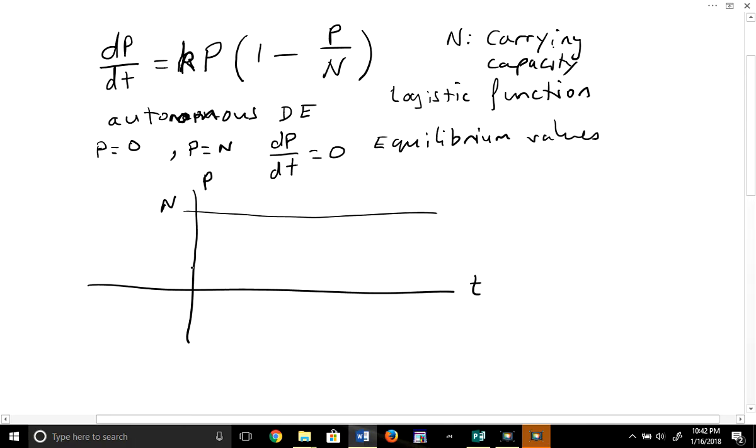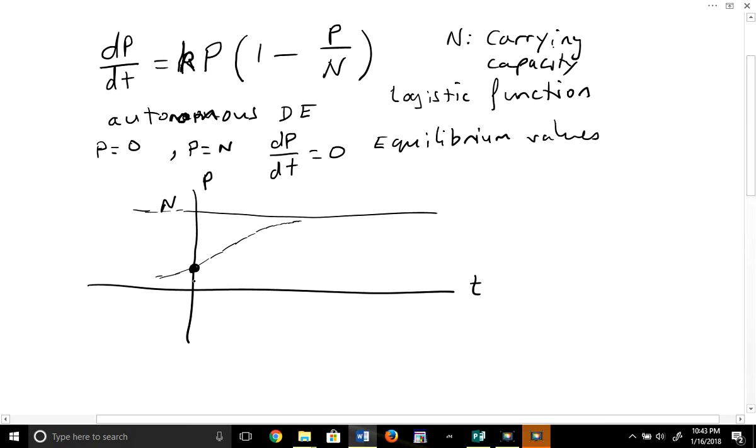So if I start off with an initial value here, whatever the solution is, a solution curve to this particular initial value is never going to go higher than N, and it's never going to go lower than 0. We'll see how to evaluate this, but the solution curve is going to look something like this, where it's going to level off as we get closer to N.